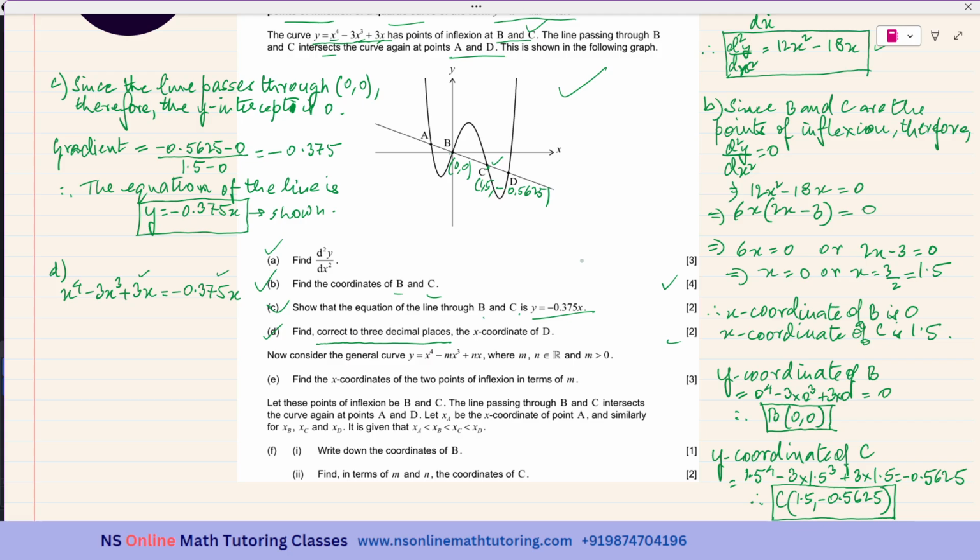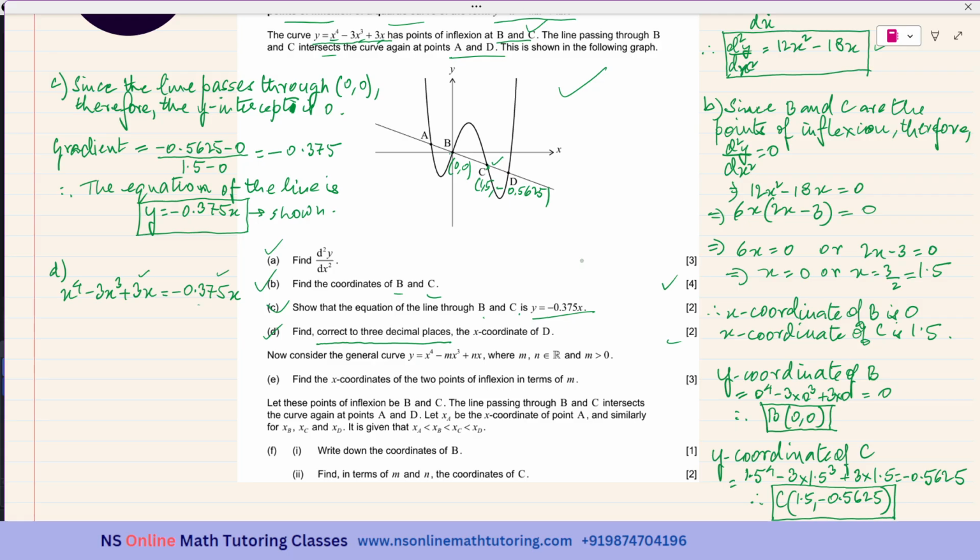Or else we can add 0.375x to both sides, so the right side will be 0 and we will have 4 terms on the left side. We graph those, so there is a single graph and we get 4 zeros. The rightmost zero will be the x coordinate of the point D. That is the second solution.